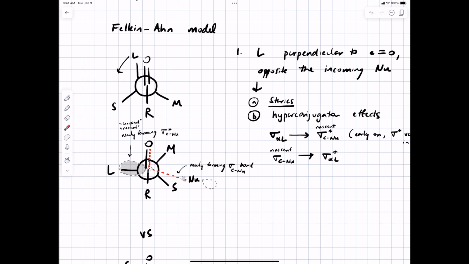And in general, they are bonds between carbon and hydrogen or carbon and carbon, okay? It's generally not a thing to worry about, oh, is the large group a better donor than the small group versus the medium group, if they're all basically carbon-carbon bonds. In that case, the major thing is probably sterics.